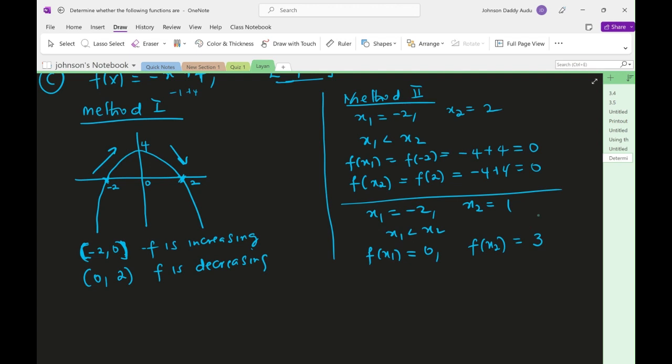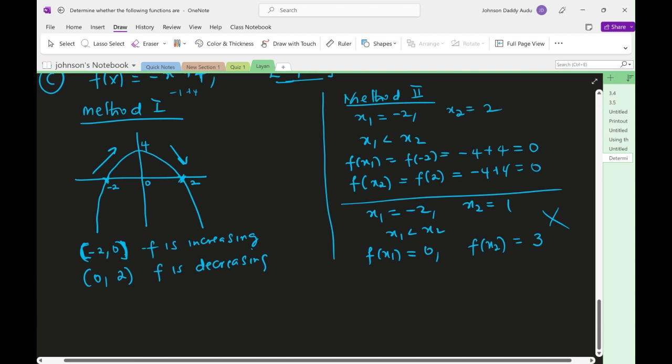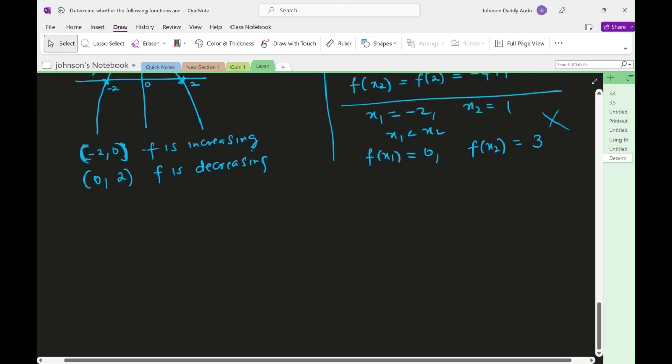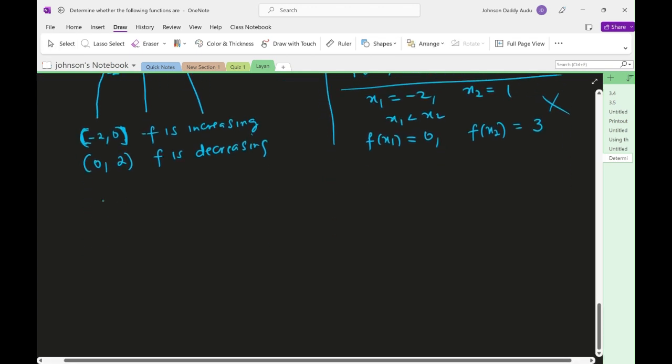So in this case, this method will not give us a good solution. So preferably use the first derivative test, which is now method 3.